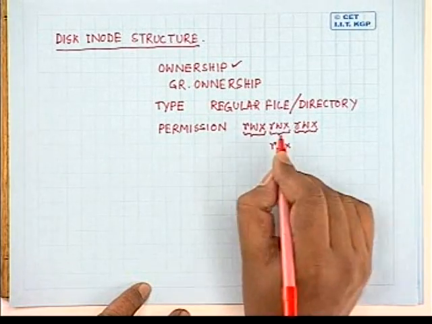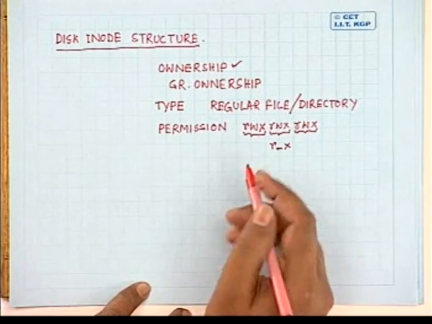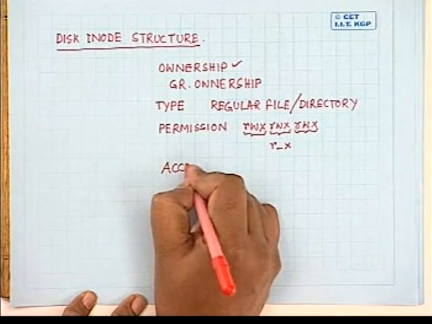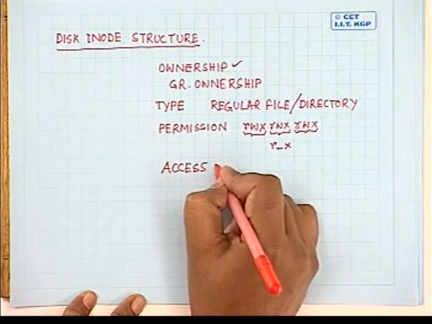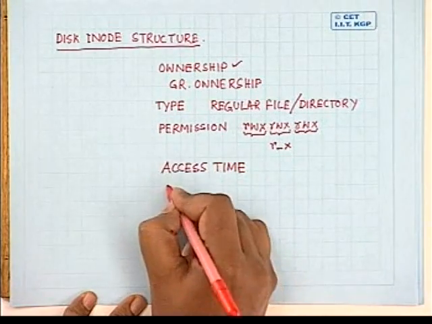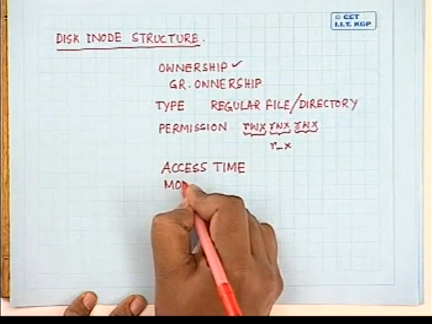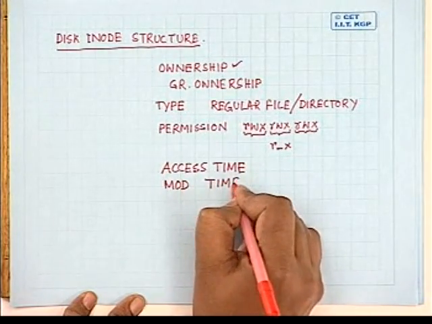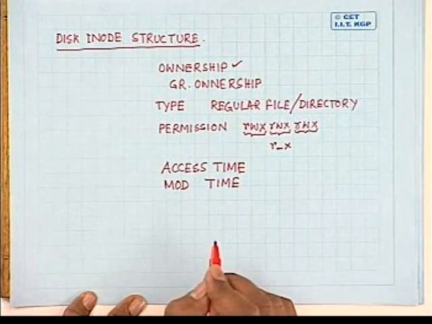Okay. Then among other fields, you have the fields corresponding to access time, that is, when the file was last accessed. We also have the modification time, that is, when the file was last modified.